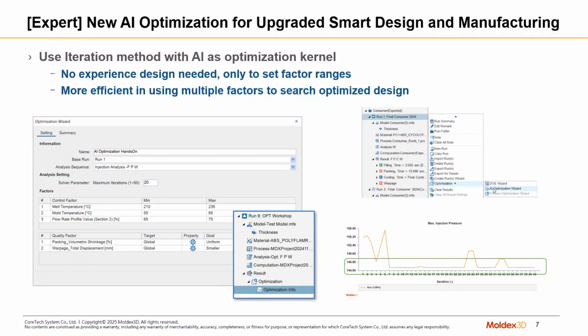This, instead of setting up individual data points, we'll be able to set a range instead. And so that range, this AI Optimization Wizard will test within this range to get to the optimized value. In this case, we have max injection pressure. You can see that it runs several iterations along the way to achieve the lowest injection pressure possible.